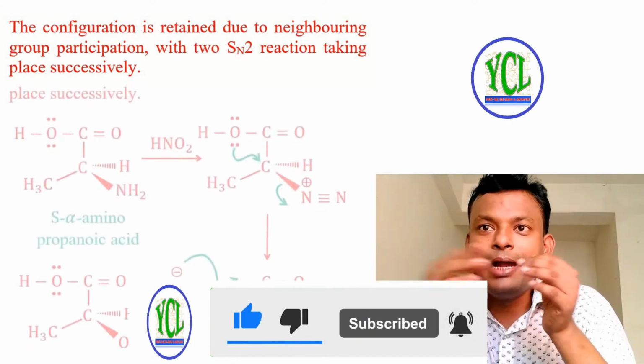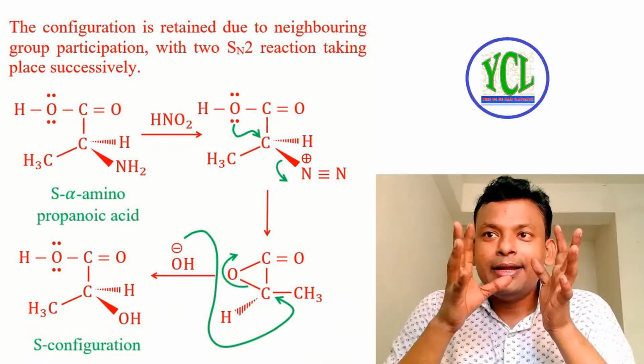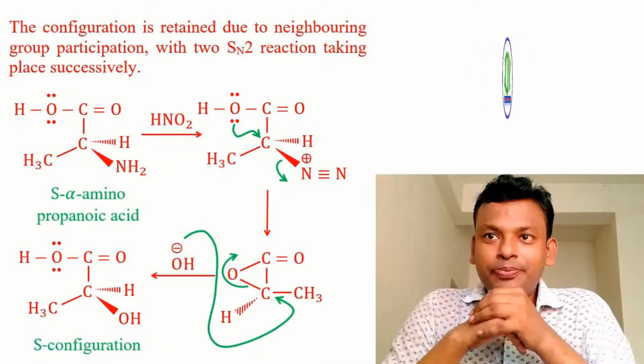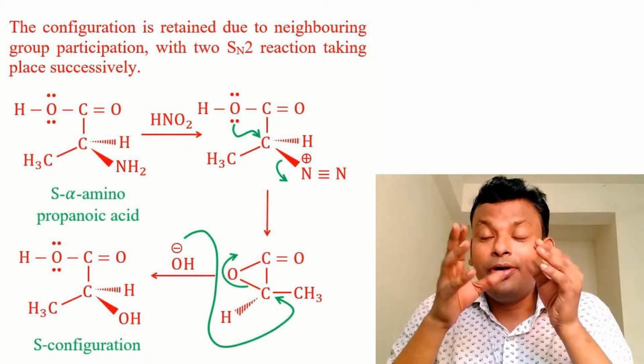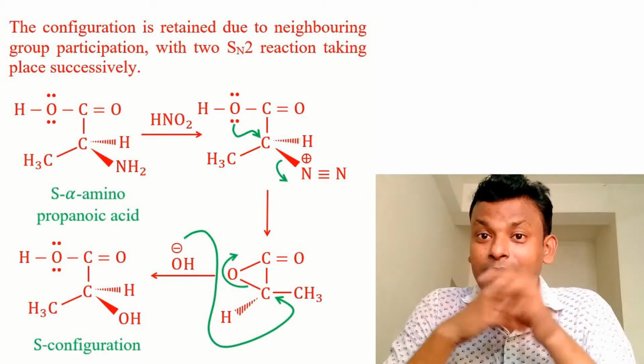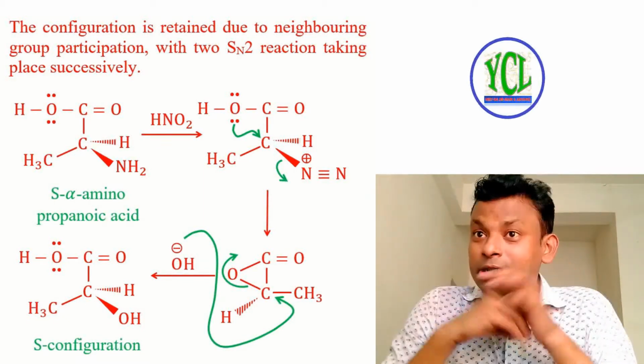And the next example, here also the same. The carboxylic acid group remains, and the NH2 group reacts with HNO2 to form a diazo compound, that is N2 positive.